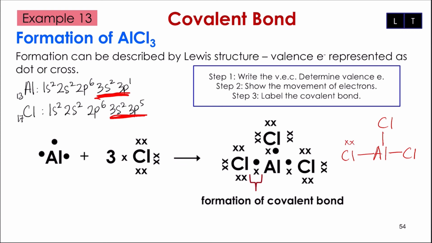But don't forget to write the cross symbol for each chlorine atoms. For now, at least you should understand how the formation of covalent bond happen or form between aluminium and chlorine. I will explain more kenapa aluminium, kenapa dia boleh achieve stability dan we leave it as like this one. Kita akan explain more in the next video.